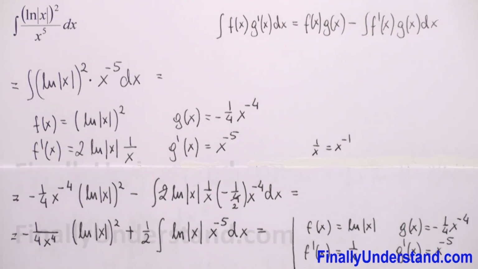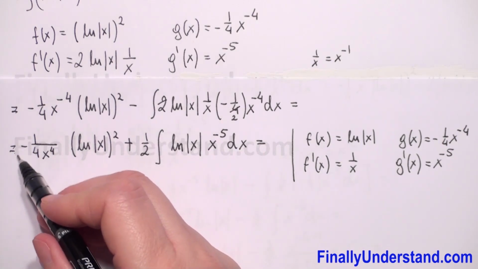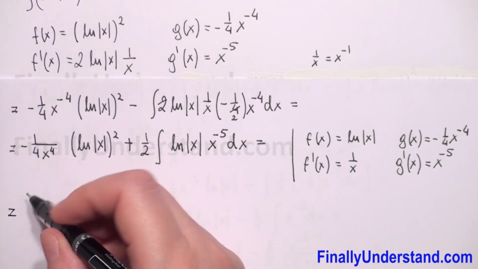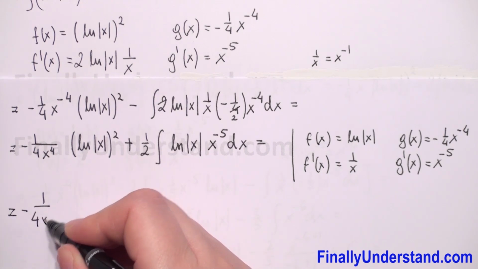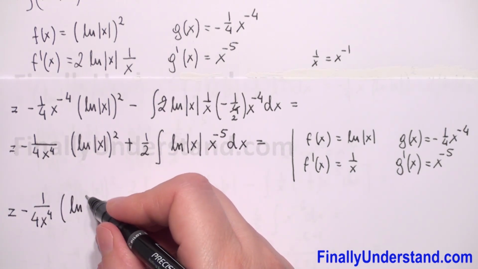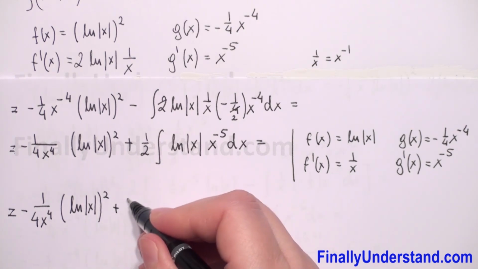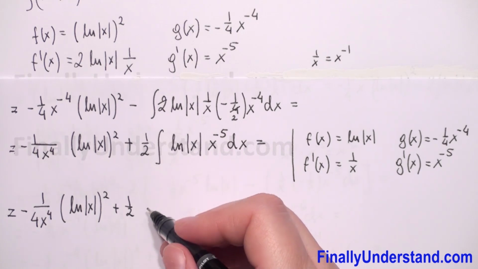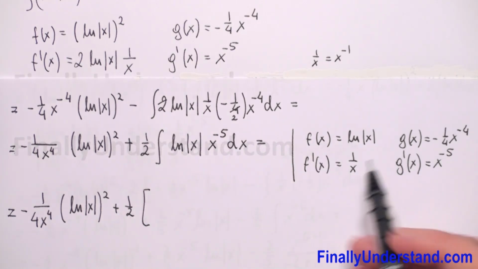So now we have to multiply first f times g, but before we do this, first we have to copy the beginning. So we have negative 1 over 4x to the 4th power times the square of the natural logarithm of the absolute value of x, and we have plus 1/2, and now we have to open brackets. First we have to put f times g.